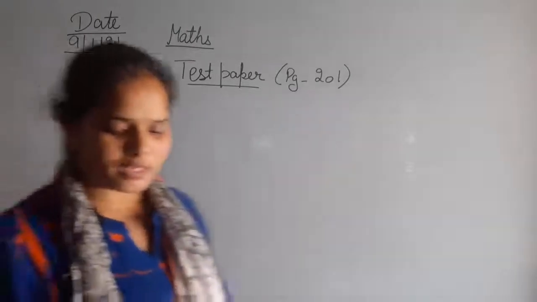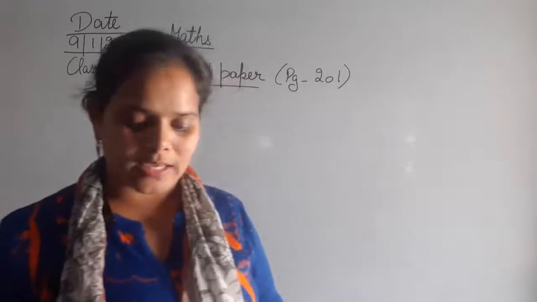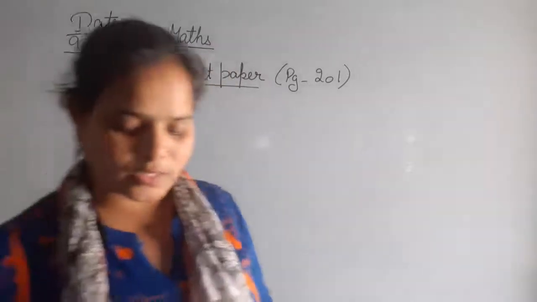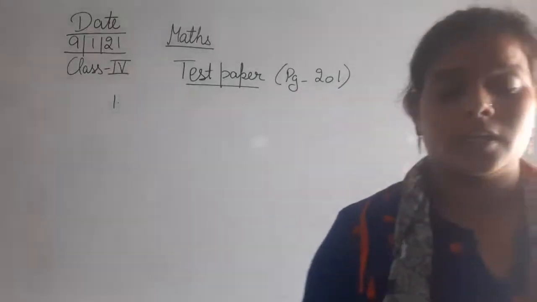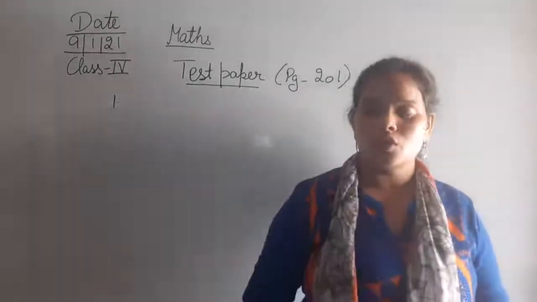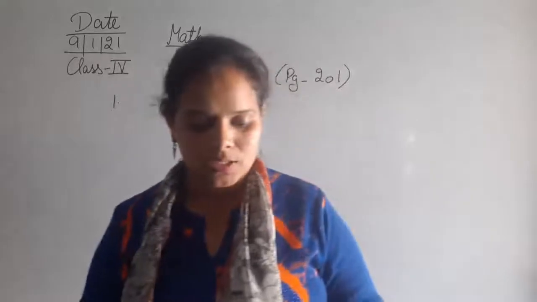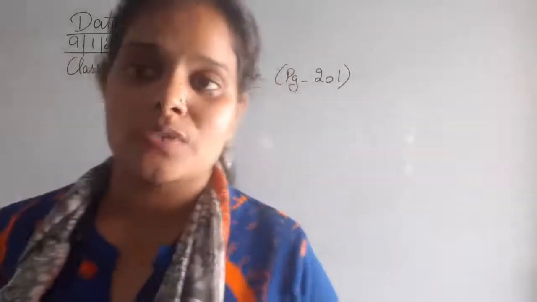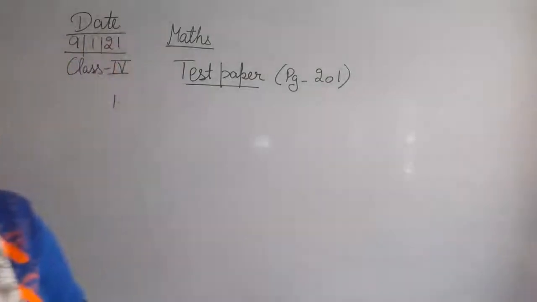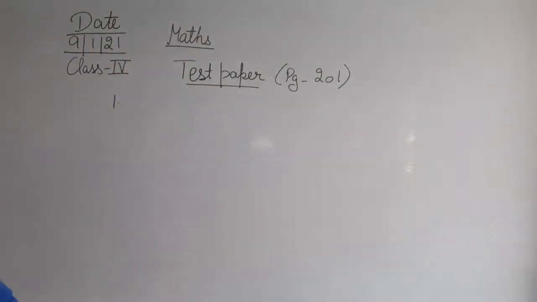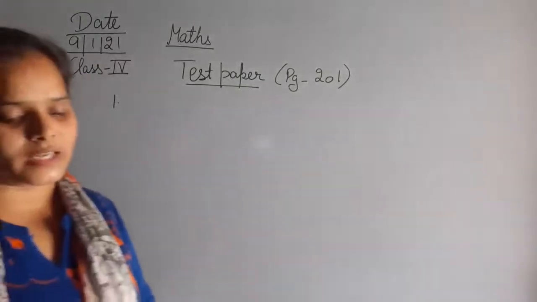The first sum is: cost of 2 cycles is rupees 2605. What is the cost of 1 cycle? So here the cost of 2 cycles is given, that is rupees 2605, and we have to find the cost of 1 cycle.